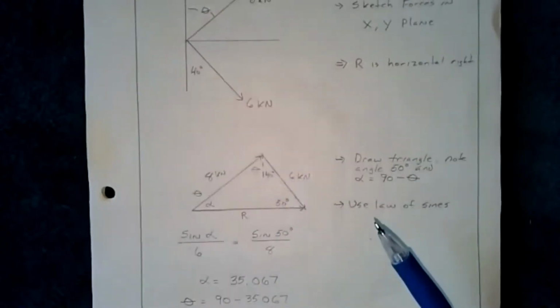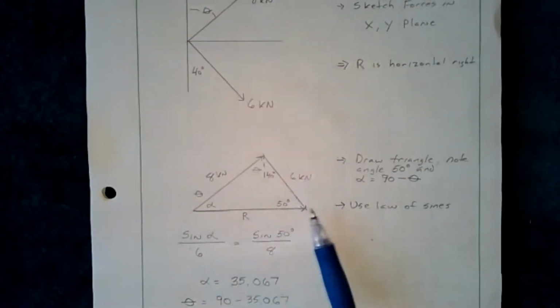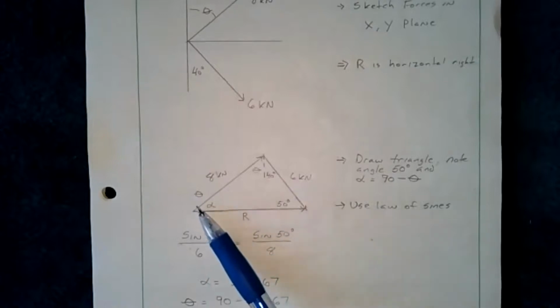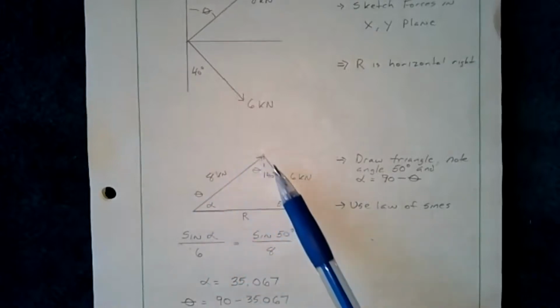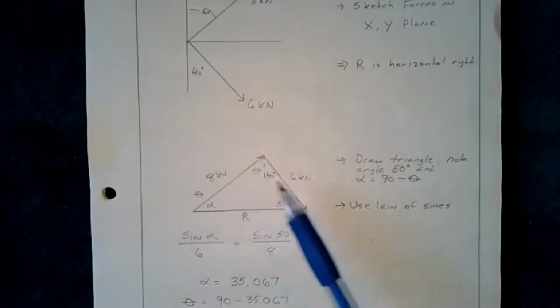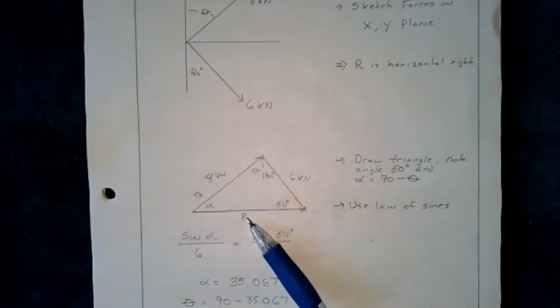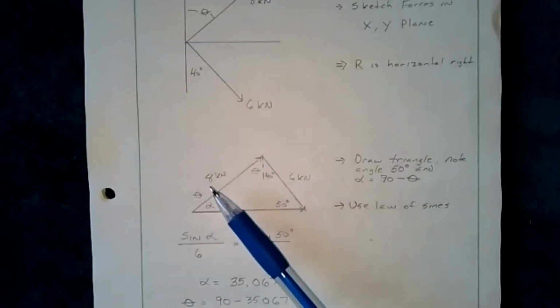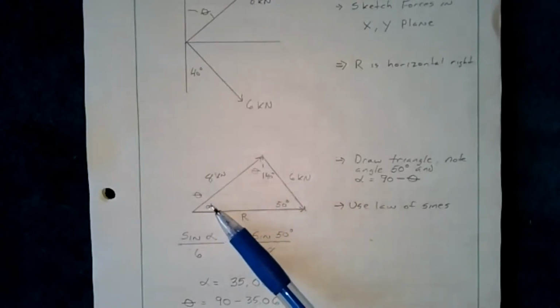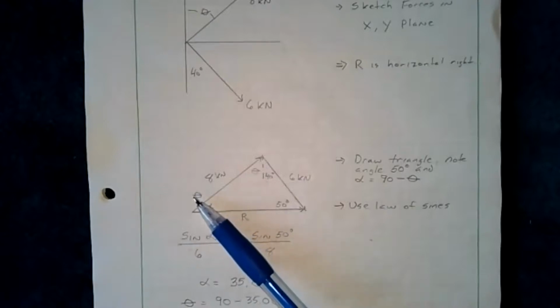So I go ahead and draw my R. I have my one angle, 8 kilonewtons coming up, the 6 kilonewtons coming down for my triangle. Then I label what I can. I know that's R, I know that's 6 kilonewtons, 8 kilonewtons. I know this angle is alpha, this alpha is theta. I know by geometry that this angle up here also has to be theta.